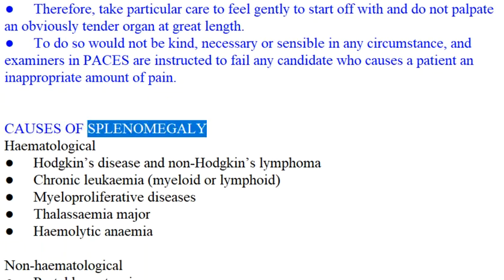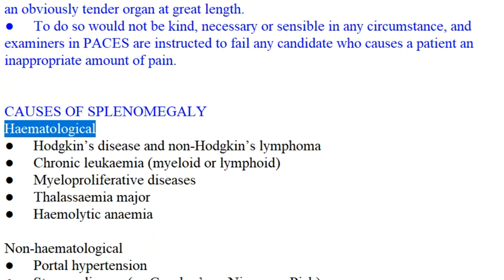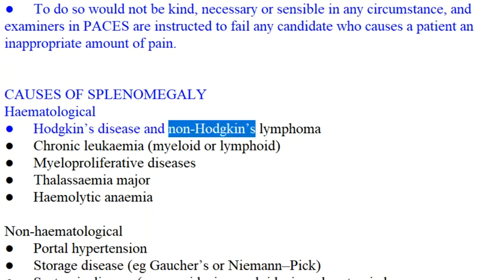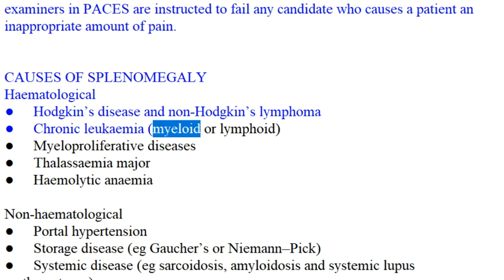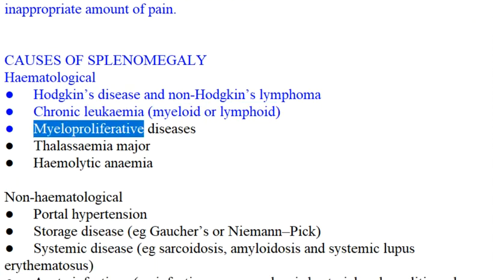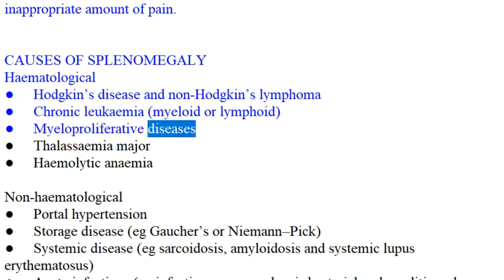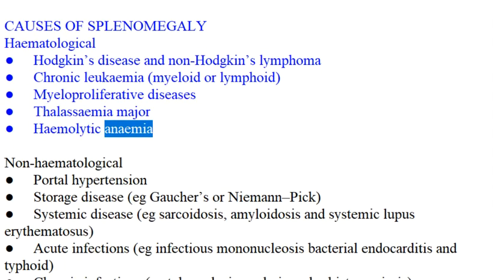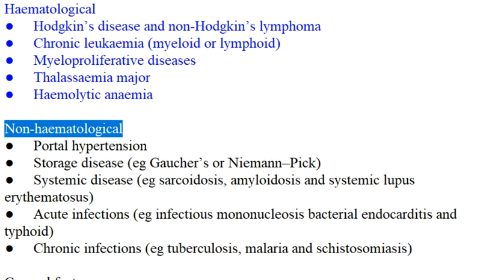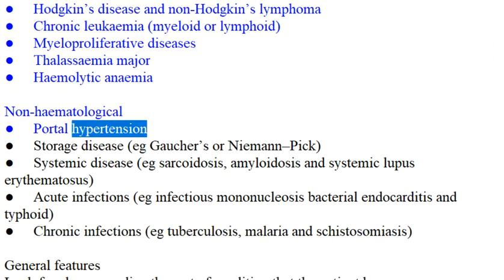Causes of splenomegaly. Hematological: Hodgkin's disease and non-Hodgkin's lymphoma. Chronic leukemia, myeloid or lymphoid. Myeloproliferative diseases. Thalassemia major. Hemolytic anemia. Non-hematological: Portal hypertension.